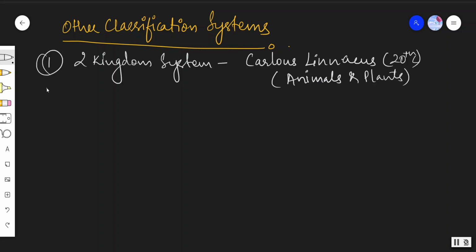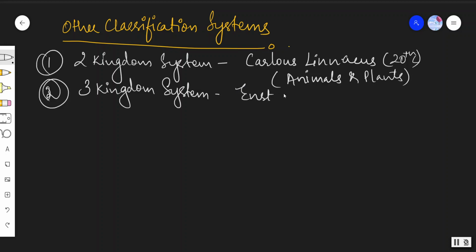Second is the three kingdom classification, given by Ernst Haeckel, and he divided organisms into three: Protista, animals and plants.